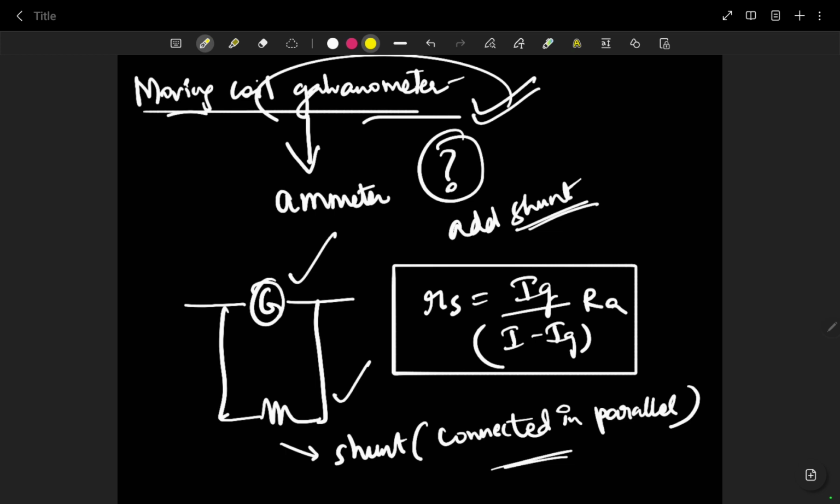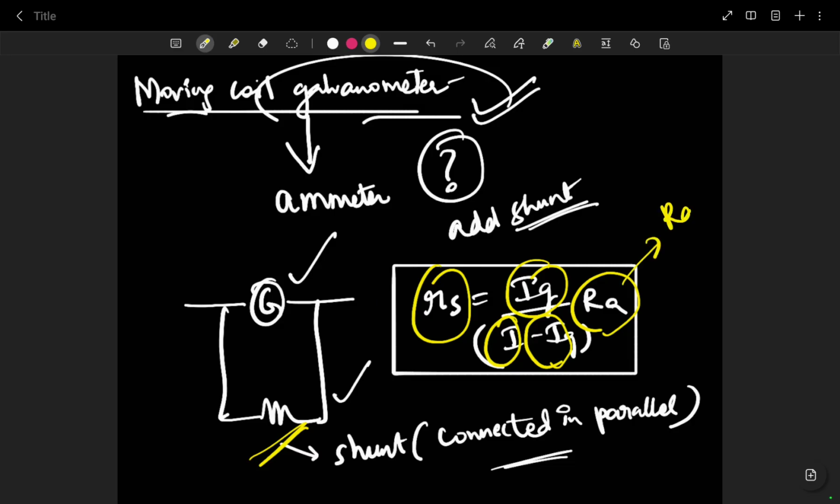So in this expression, you can see RS is the resistance of the shunt. That means they will ask you what value of shunt resistance should be added to this galvanometer to make it into an ammeter, right? IG is the current through the galvanometer, I is the total current, and RA is going to be the galvanometer resistance, or you can also denote it by RG.